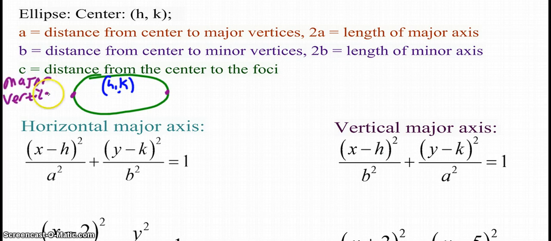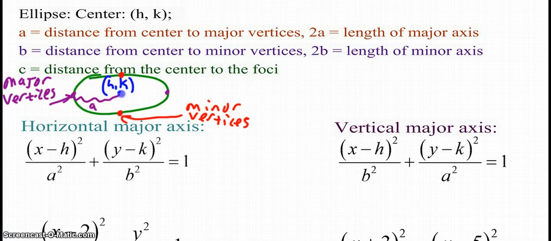These would be the major vertices. And this distance here would be the distance a. So then on the top and bottom, I would have the minor vertices. And this distance here would be the b.